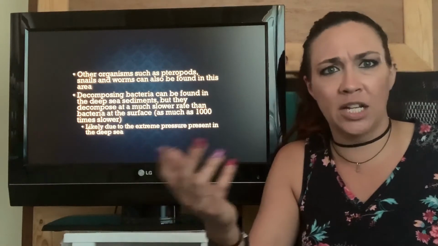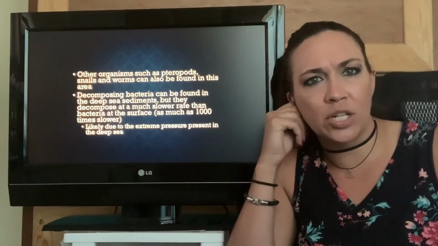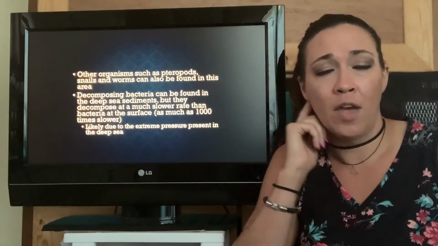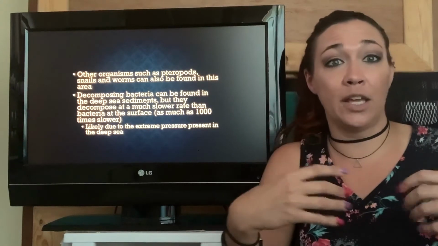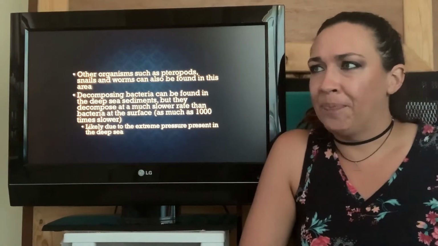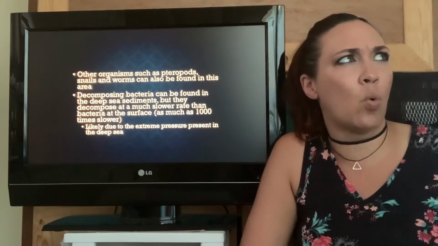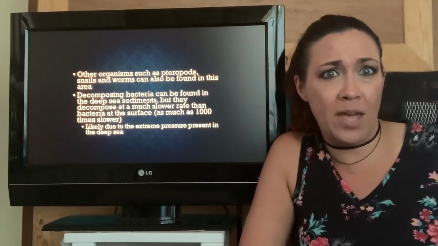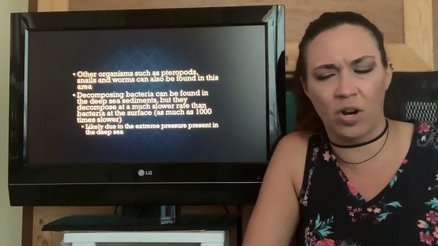So these bacteria can live under these really intense pressures and deal with these really crazy conditions and still survive and thrive. Just like that Greenland shark has a very slow metabolism and can live a really long time. Now, he's a really large organism, and they can get up to 20, 25 feet long. They're big. That's as big as a great white. Big, big sharks.